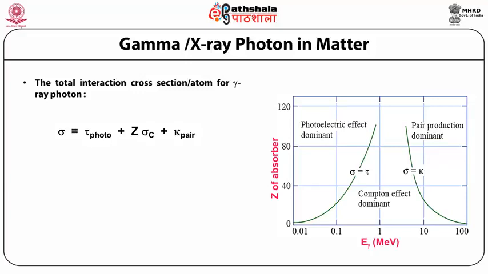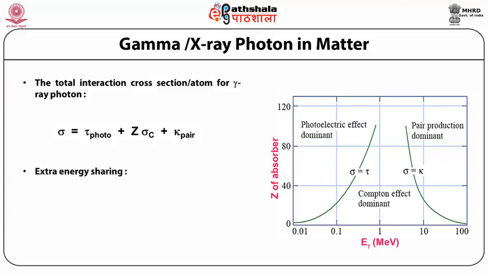Tau photon is the interaction probability of incoming photon via photoelectric effect. Z is the atomic number of the absorbing medium. Sigma c is the interaction cross section of incoming photon via Compton scattering, and k pair is the interaction cross section of incoming photon via pair production.